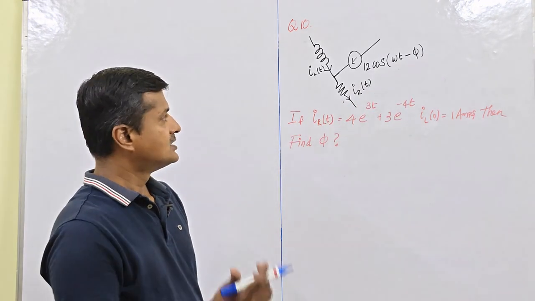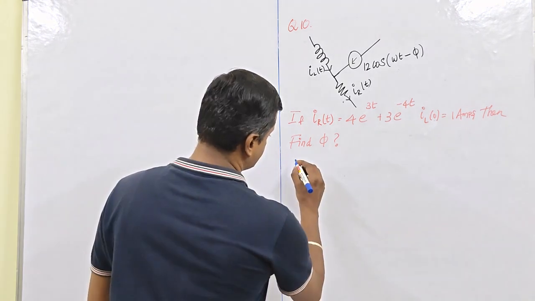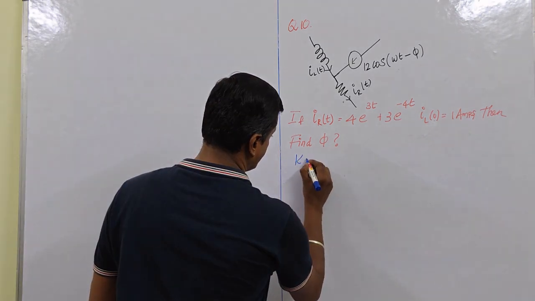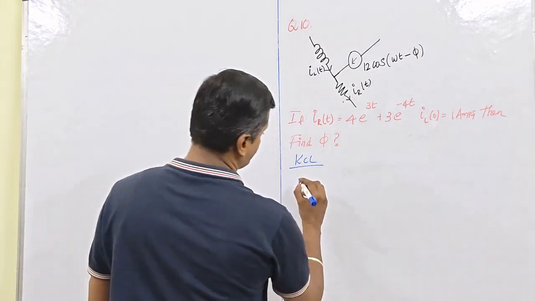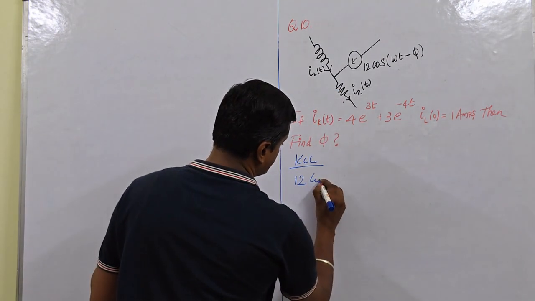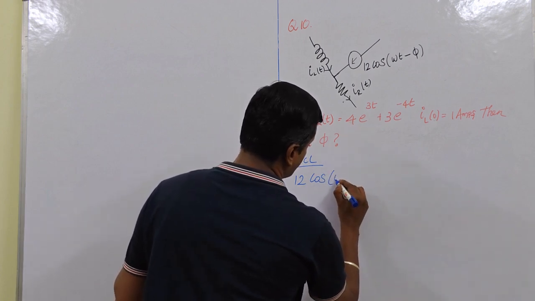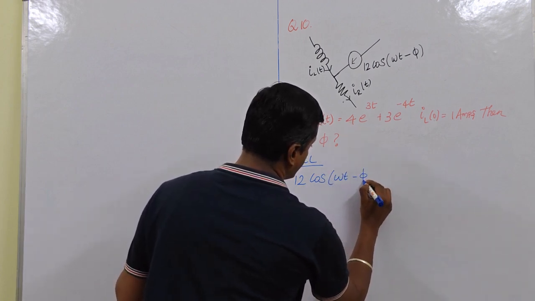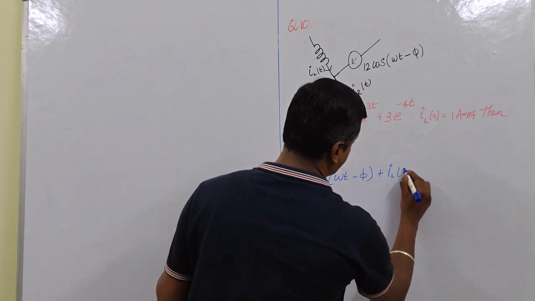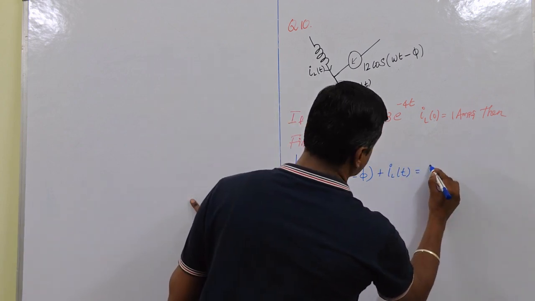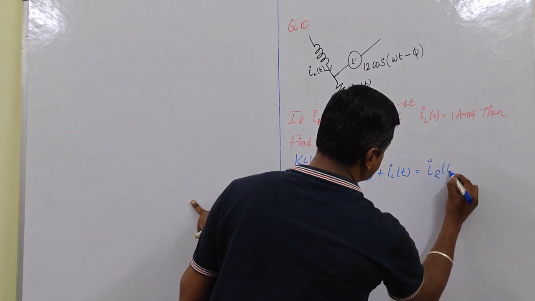Okay, apply Kirchhoff's current law. By applying Kirchhoff's current law, the sum of current entering is equal to current leaving. So 12 cos(omega t minus phi) incoming plus IL of t is equal to IR of t.